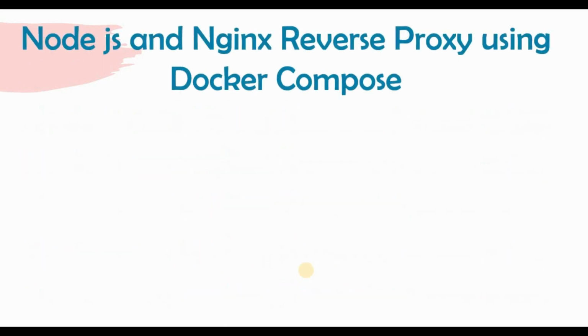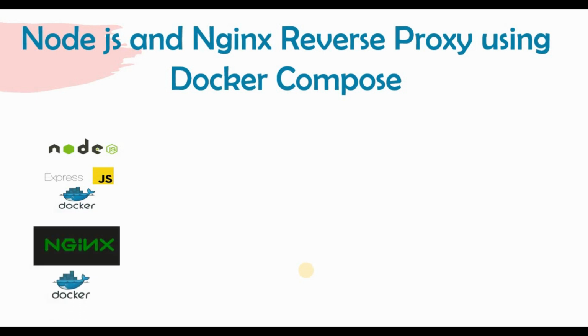In this tutorial, we are going to simplify it a little bit. We are going to do the Node.js and Nginx Reverse Proxy using Docker Compose. The steps involved are more or less similar: we need to have Node.js and Express.js on Docker and Nginx on Docker.